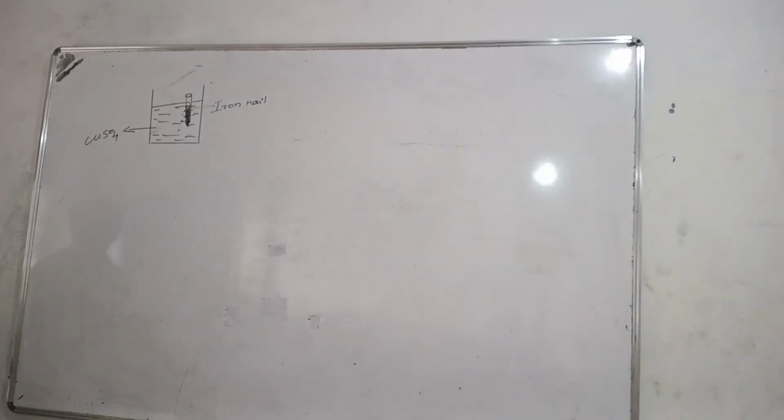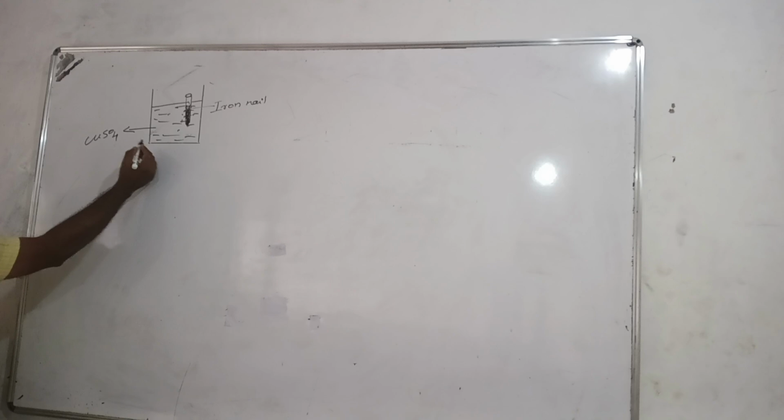Look here, another experiment. Here an iron nail is in copper sulfate solution. What happens here?